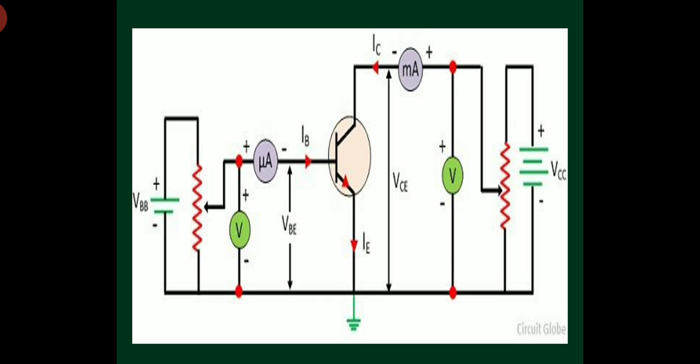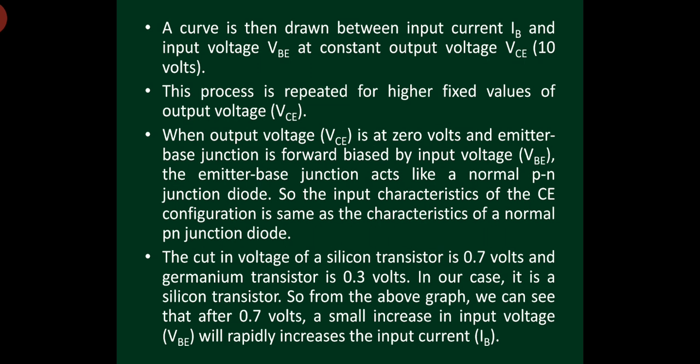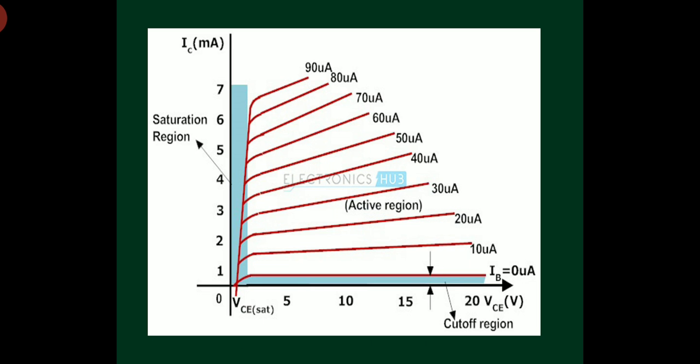I am making IB constant at 0 microamp and varying VCC such that VCE is increased and IC also varies. So I have to draw the graph between VCE and IC. This is the graph which we will get if the characteristics are laid between VCE and IC for different fixed values of IB.